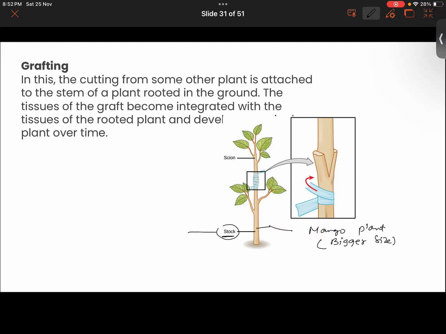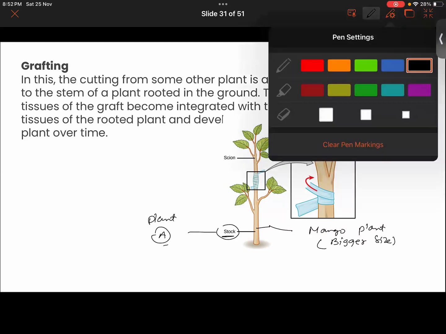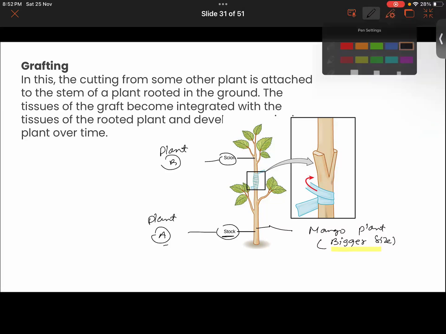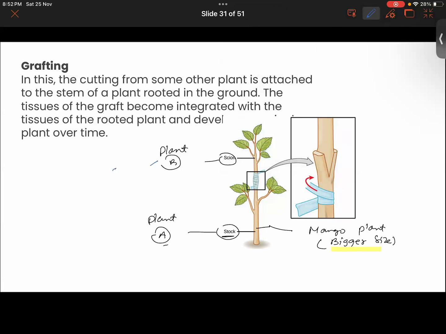This stalk I have taken from plant A, and plant A gives bigger size mangoes. The second part over here, that is the scion, I have taken from plant B. Let's say that it grows sweet mangoes.